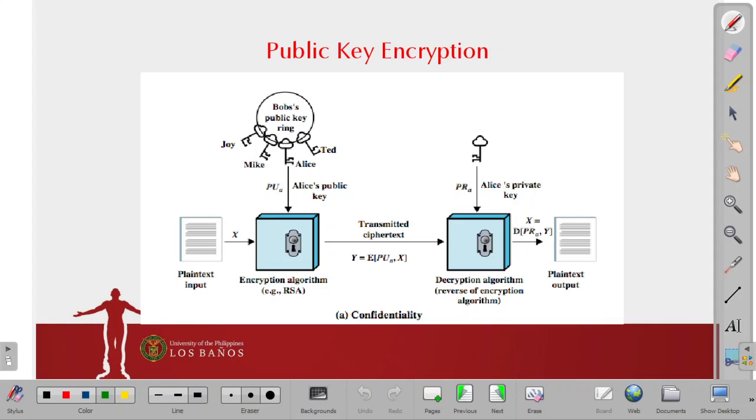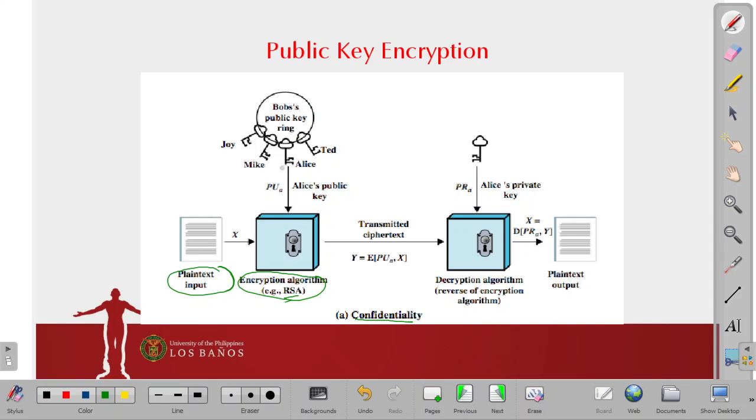So these are the elements of public key encryption. First, you have the plain text input, and that plain text will be inputted to an encryption algorithm, say RSA. This is to address confidentiality. What we're saying here is Bob would like to send something to Alice.